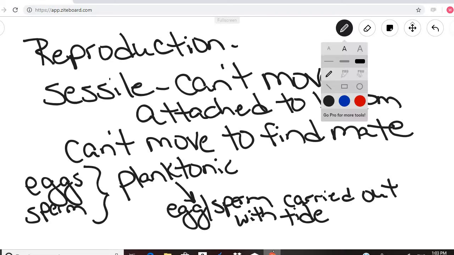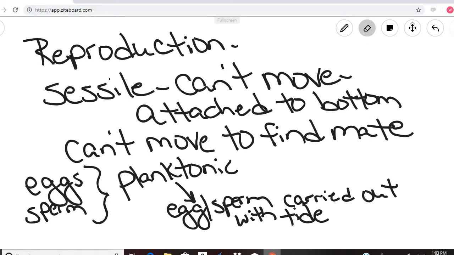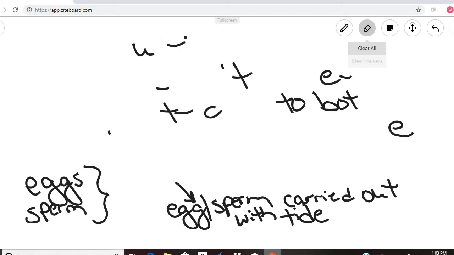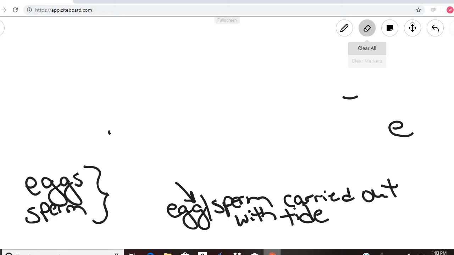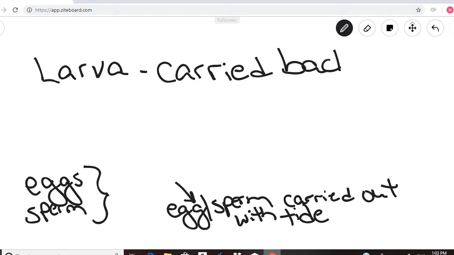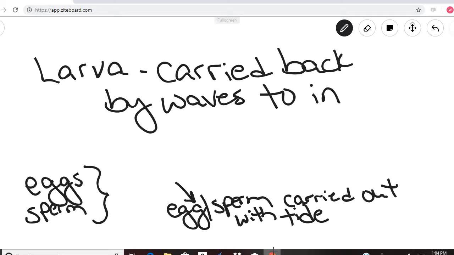The other thing that will happen is that once fertilization takes place, the larvae are carried back by waves and water movement to the intertidal zone, where they then develop and mature.